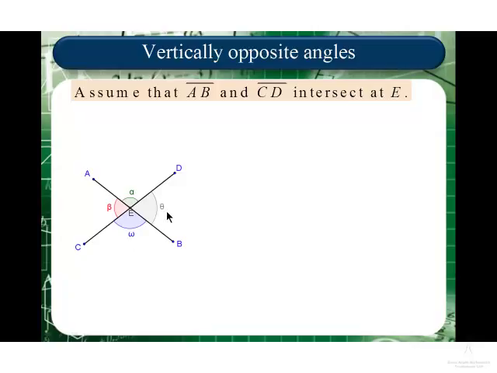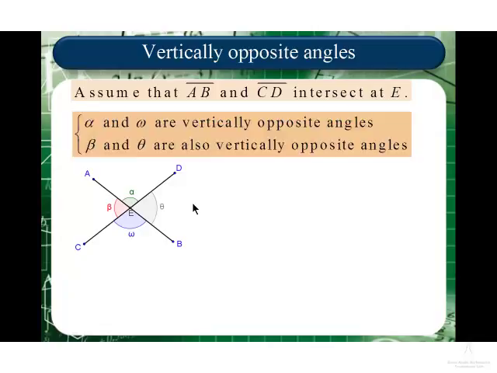Note that in general, unknown angles can be shown by the small letters of the Greek alphabet. In this situation, we have that alpha and omega are vertically opposite angles, as can be seen from this diagram. Similarly, beta and theta are also vertically opposite angles.